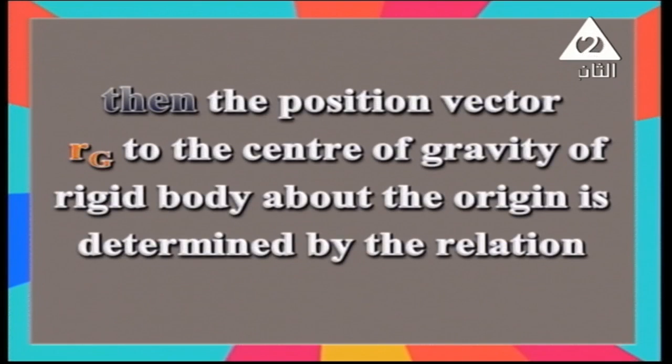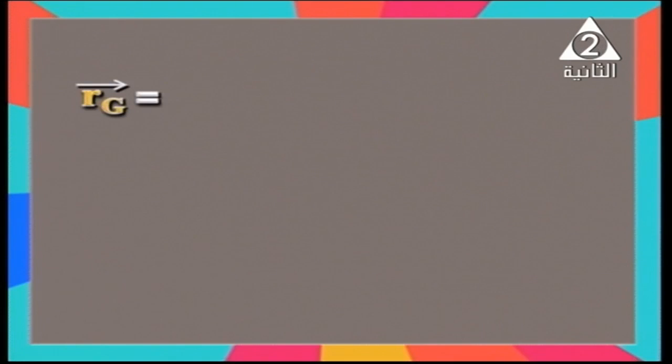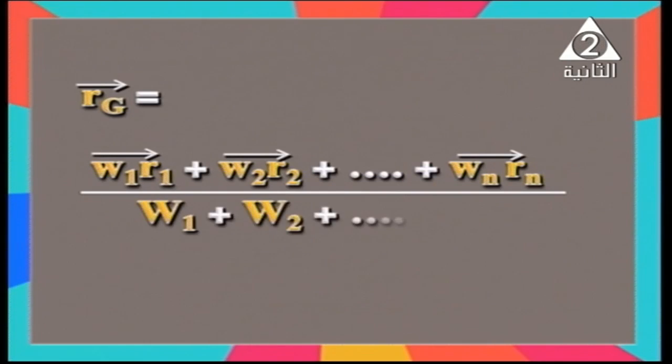Then the position vector, its symbol Rg, to the center of gravity of the raised body about the origin is determined by the relation: Rg equals W1 R1 plus W2 R2 plus to Wn Rn over W1 plus W2 to Wn. This is number 1.